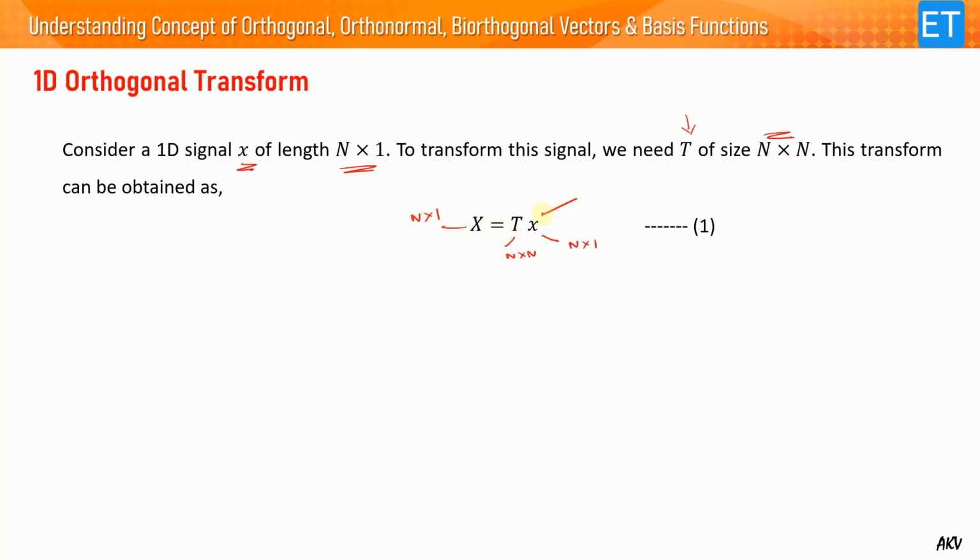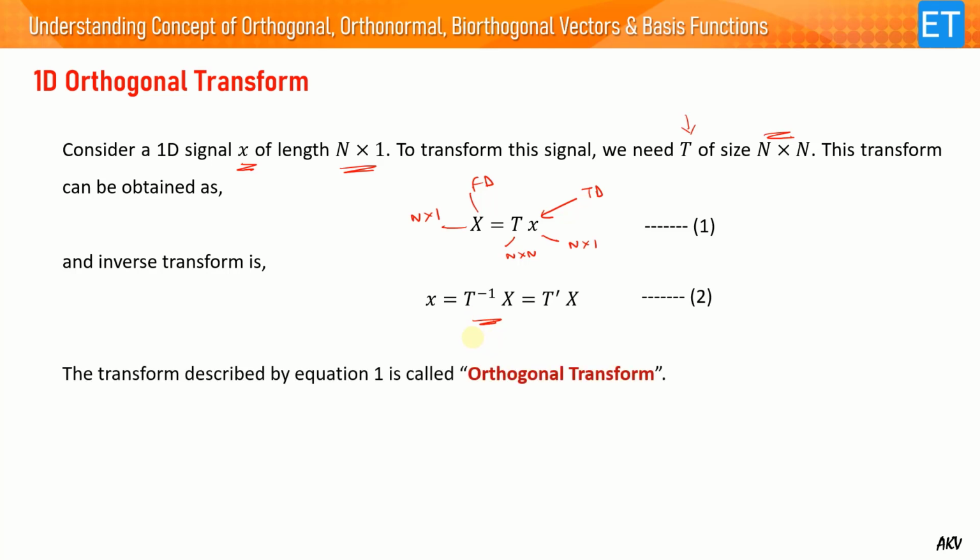This is your time domain data, and this is your frequency domain data. So you can see you can convert your time domain signal into the frequency domain just by matrix multiplication. And for the inverse transform, that means if you want to find x again, obviously you just take T to the left side. So that will be T inverse. So x equals T inverse X, but we have seen that this transformation matrix has the property T inverse equals its transpose, for real basis functions.